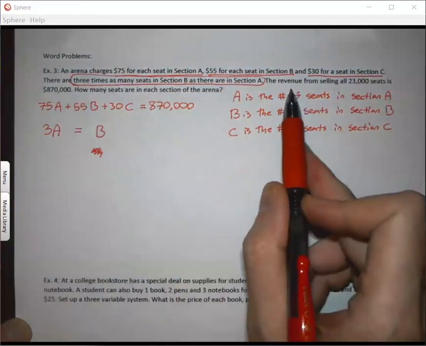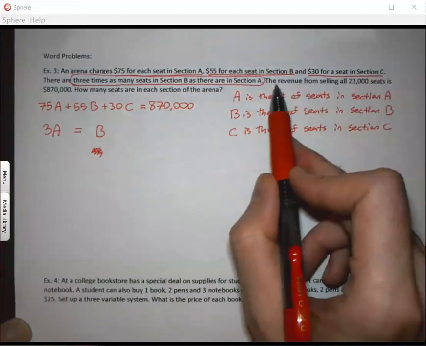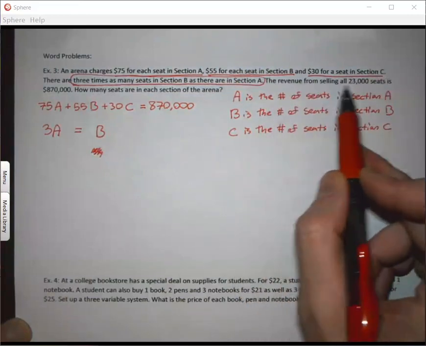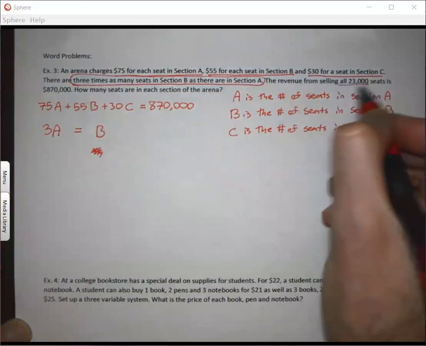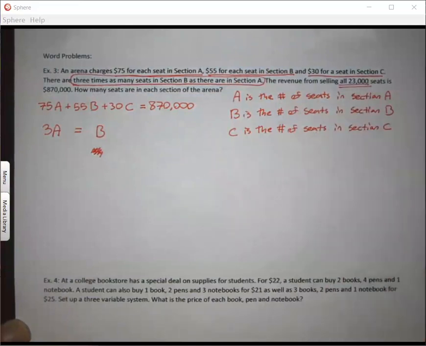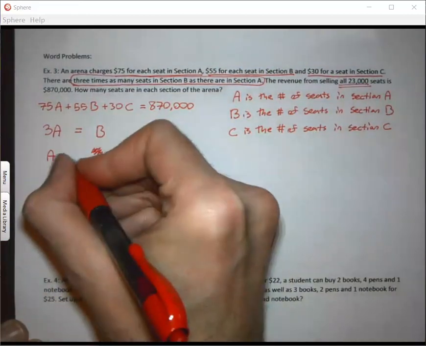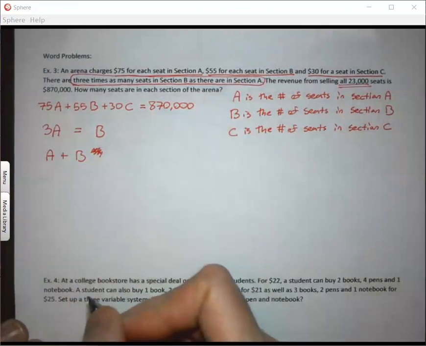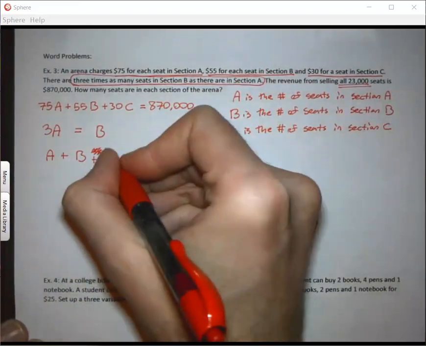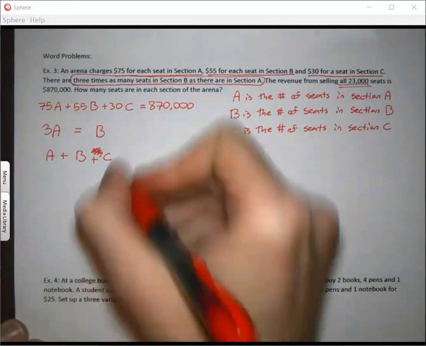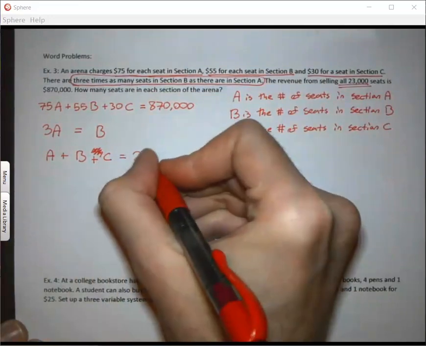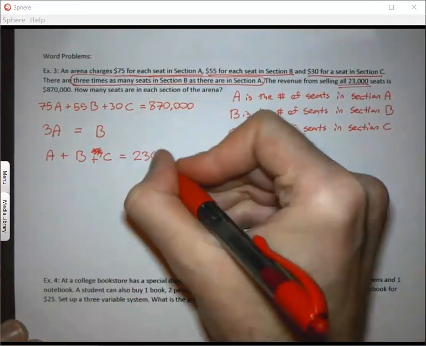Now there's one other piece of information we got. It says the revenue from selling all 23,000 seats. That tells us the number of seats total. So if we took all of the seats in section A, all of the seats in section B, and all of the seats in section C, there's a total of 23,000.